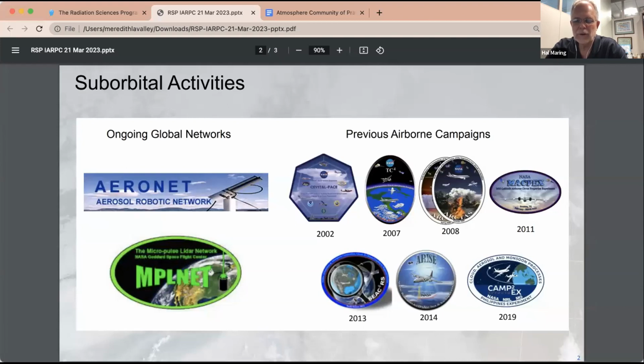CRYSTAL-FACE in Florida, TC4 in 2007 in Costa Rica, ARCTAS, which was two deployments, one out of Fairbanks and one out of Cold Lake in Canada. MACPEX was out of Houston in 2011. SEAC4RS, which was a relatively large campaign, three aircraft in 2013 out of Houston.